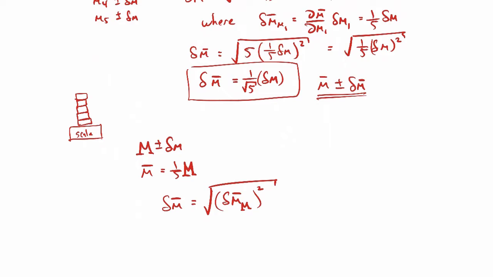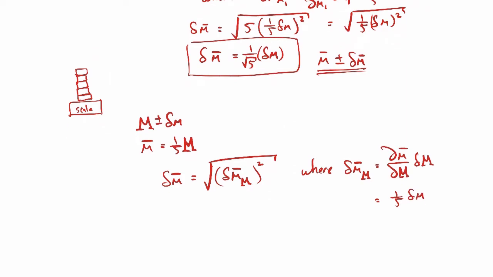If we do our propagation of uncertainty calculation, our uncertainty in the mean due to the uncertainty in capital M will just be the derivative dm bar over d capital M times the uncertainty in capital M. This will just be 1/5, and this will be delta M, the little m. The absolute uncertainty in the capital M measurement is just the uncertainty that we get from the scale. It's right up here, and this derivative just comes from right here.